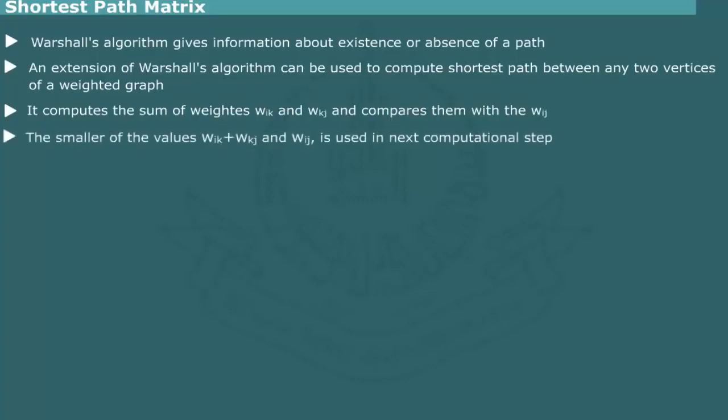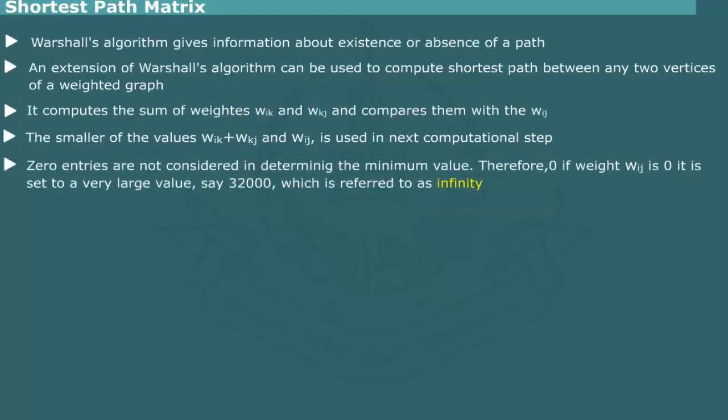If wik plus wkj is found to be smaller than wij, it is used in the next step of computation. In order to ensure that zero entries in the adjacency matrix are not considered as minimum values in a computational step, all zero values are initially set to a very large value, which is referred to as infinity.